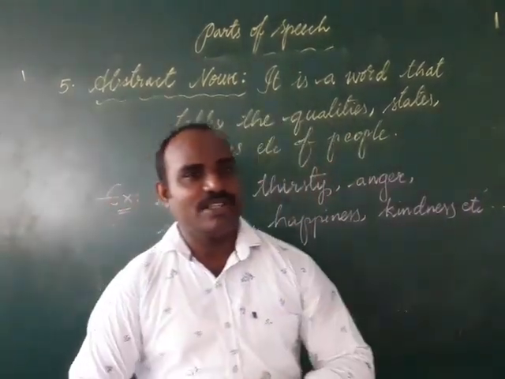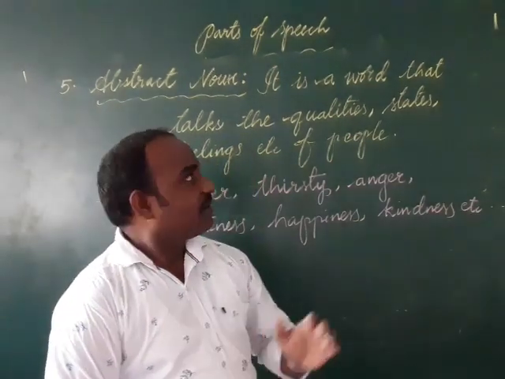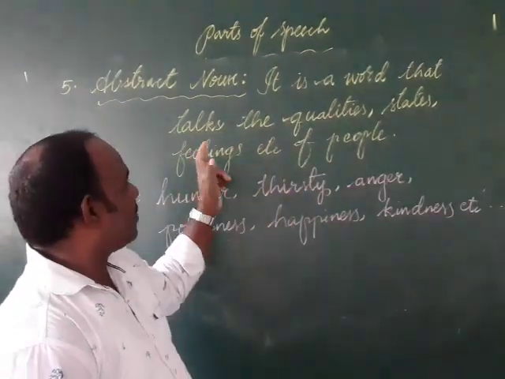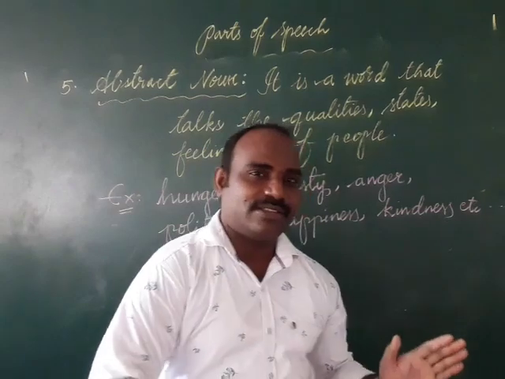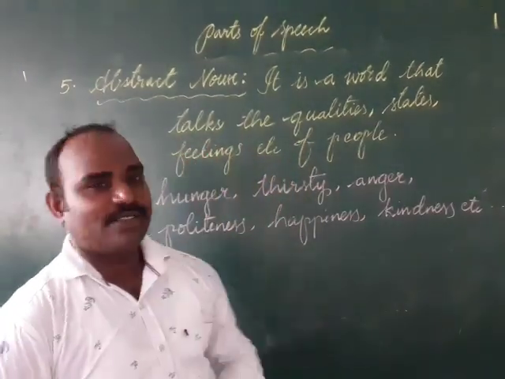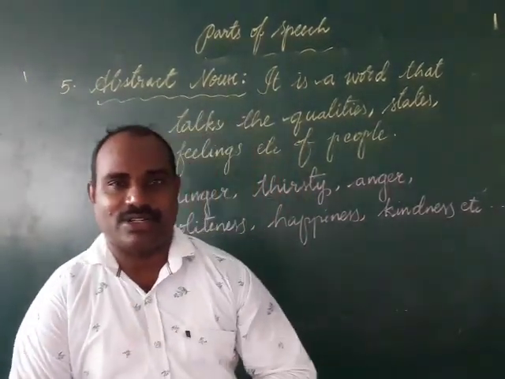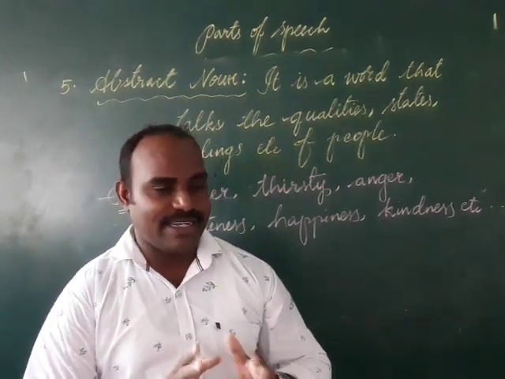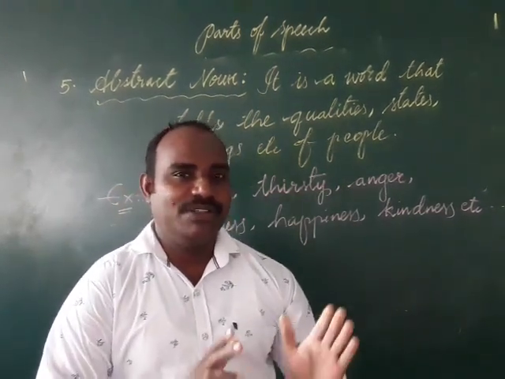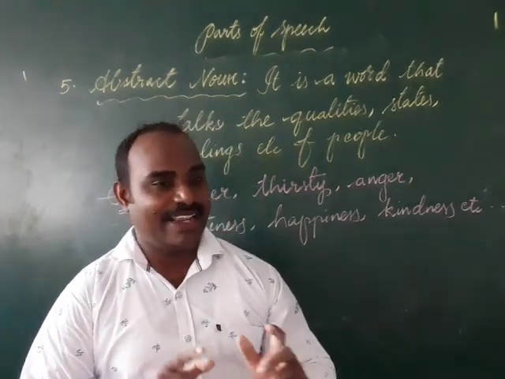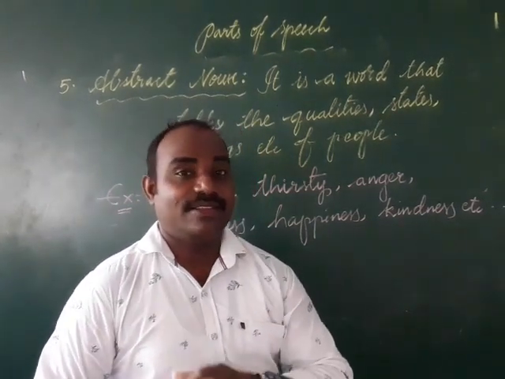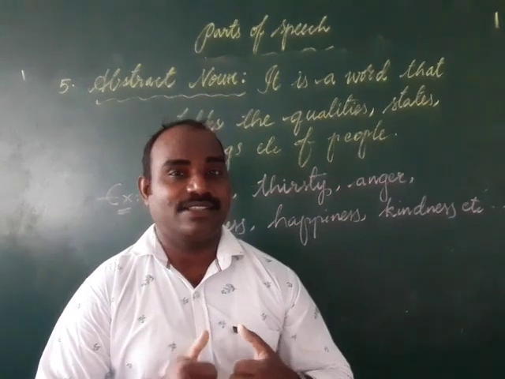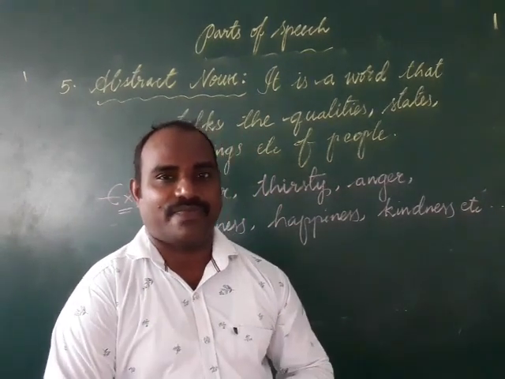You see, an abstract noun is a word that talks about qualities, states, and the feelings of people, things, etc. We can also say that abstract nouns are the nouns that cannot be seen, that cannot be touched, that do not have any certain physical shape.